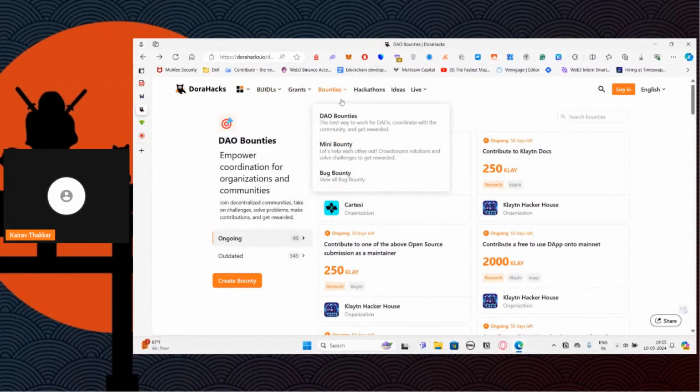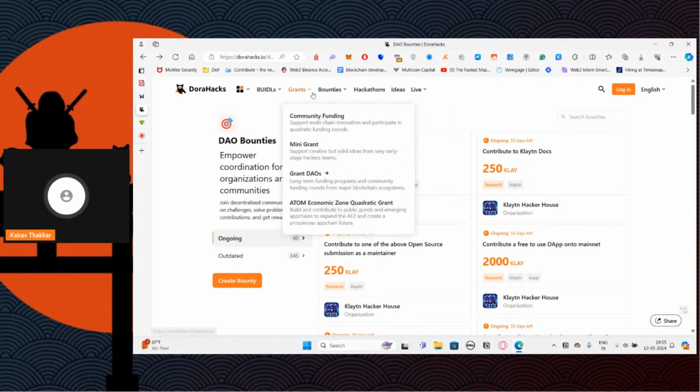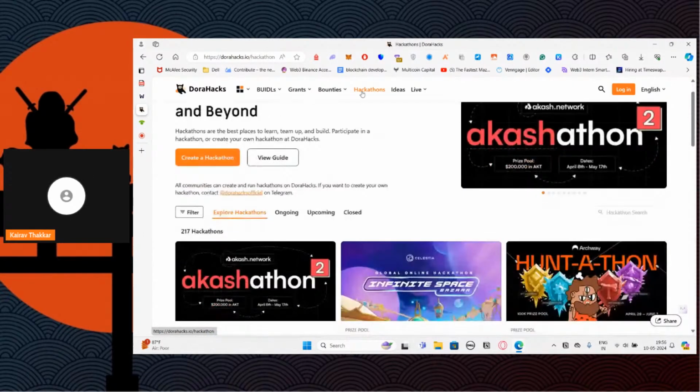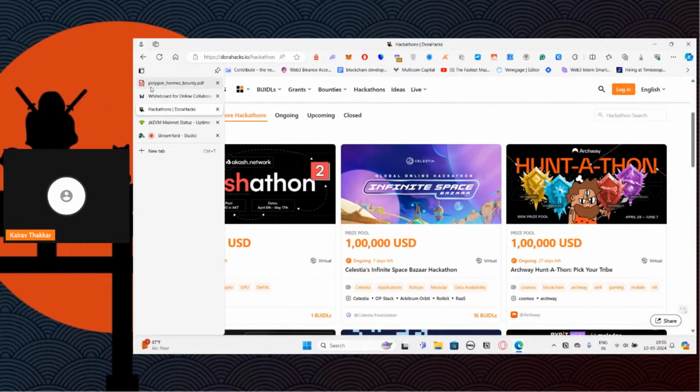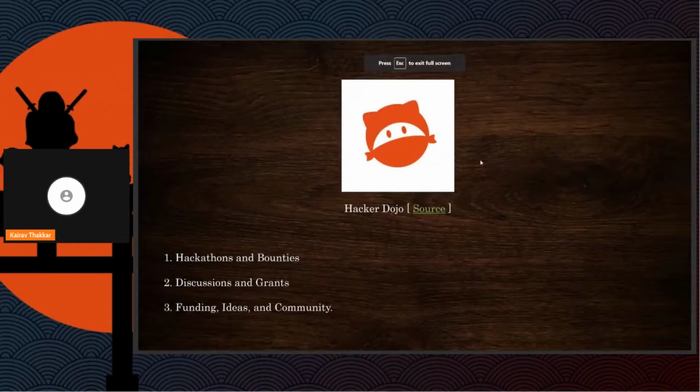You have bounties, hackathons, and various grants which will support ideas, where qualified builders submit an application. There are mini bounties, bug bounties, and DAO bounties. Various hackathons are also part of the initiative. The hacker movement is quite strong, and people should consider submitting and collaborating with the team here.